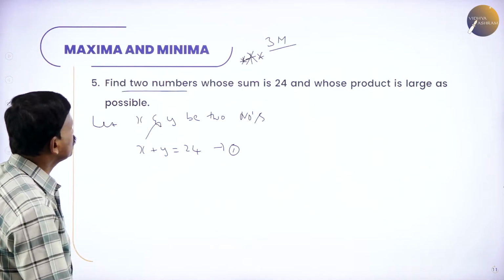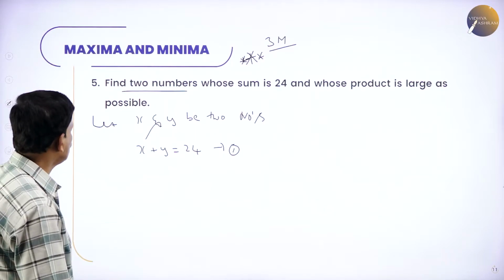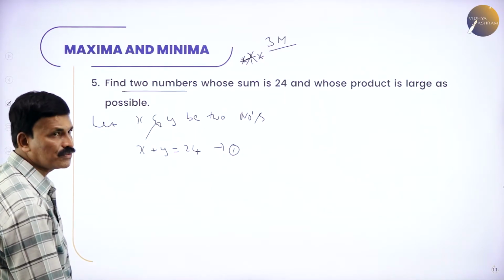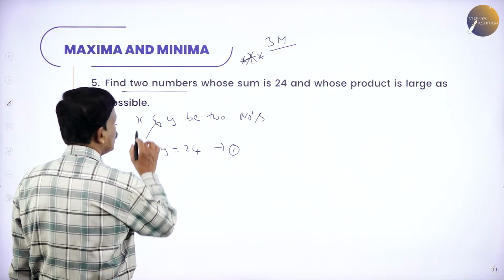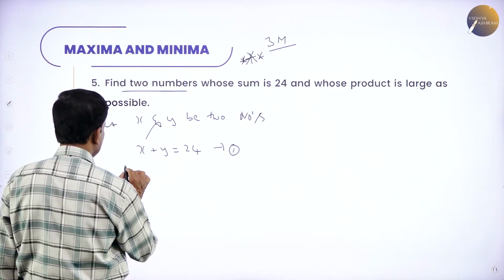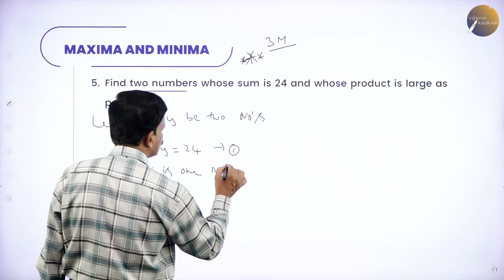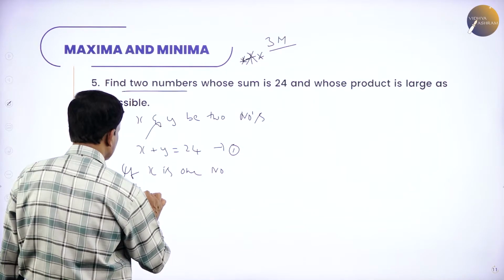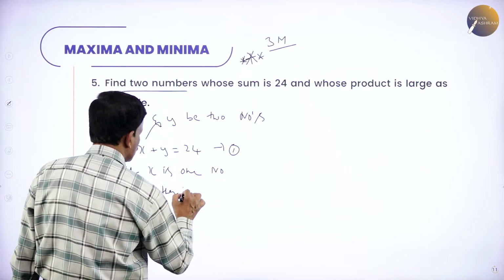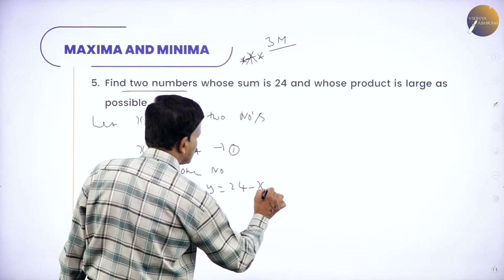Find the two numbers whose sum is 24 and whose product is as large as possible. So, if x is one number, then the other number is y = 24 - x.